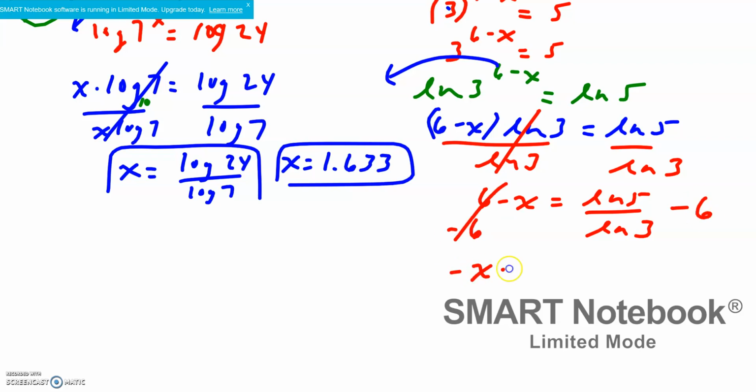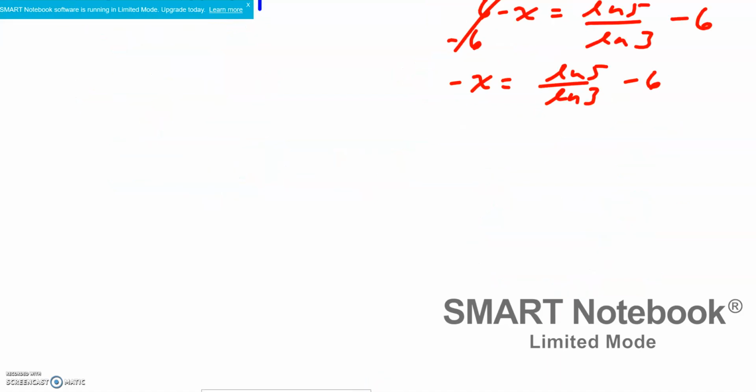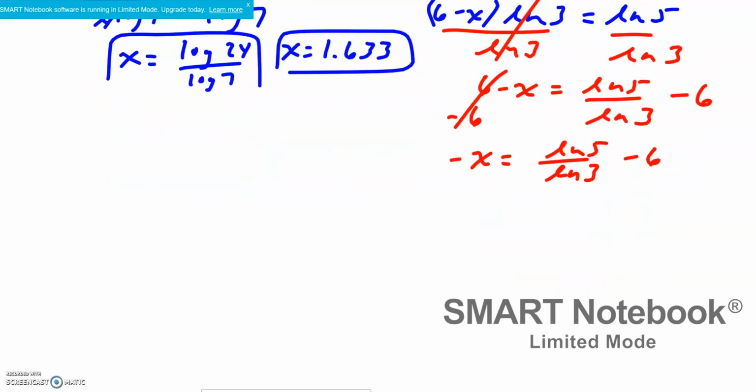So we'd have negative x equals ln of 5 over ln of 3 minus 6. The x, though, is not quite by itself yet because we really have a negative in front of it. So what you're really going to do is divide both sides by negative 1. But on this side, when you divide by a negative 1, the signs of both things flip.